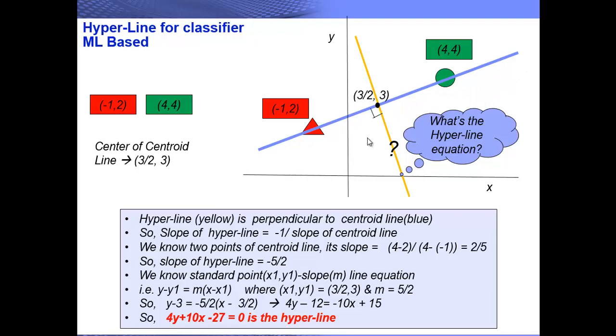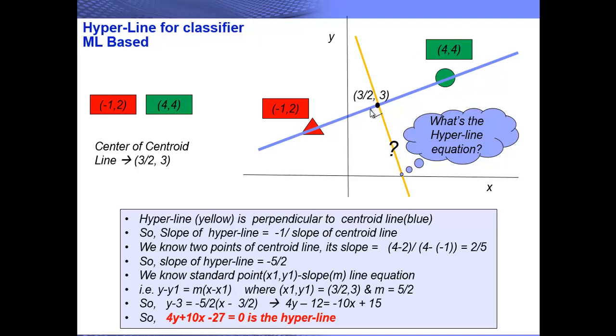Now we have to draw one perpendicular line. This yellow line is shown here. This perpendicular line will be the best hyperline which will separate this side from this side.